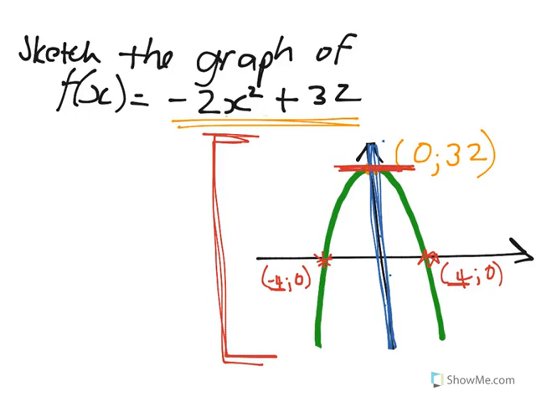This is as big an output as you can get from this function. There's no higher output happening. If you look at inputs going further and further this way, their outputs are getting smaller and smaller. And likewise, the more you go this way, the higher your input is, the lower your output ends up being.